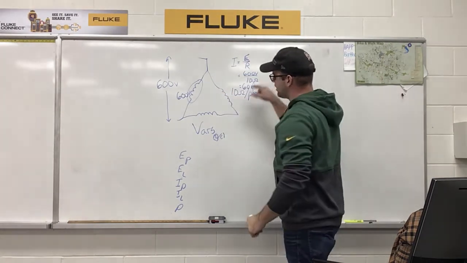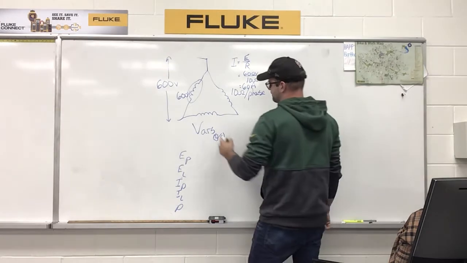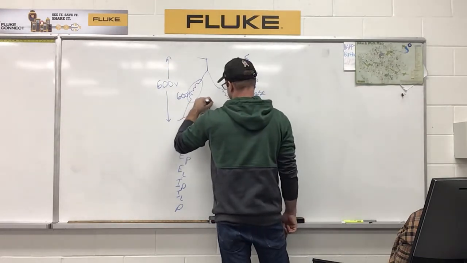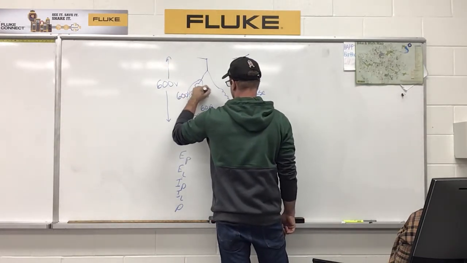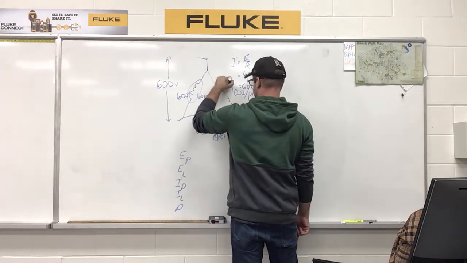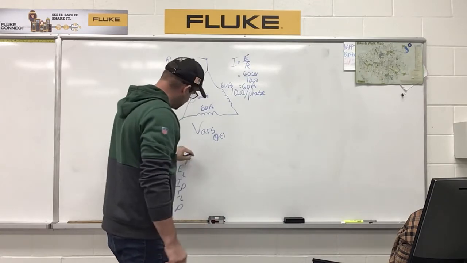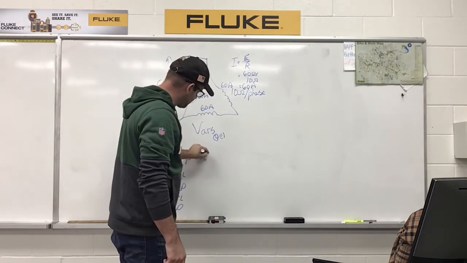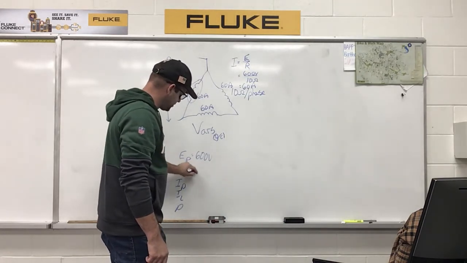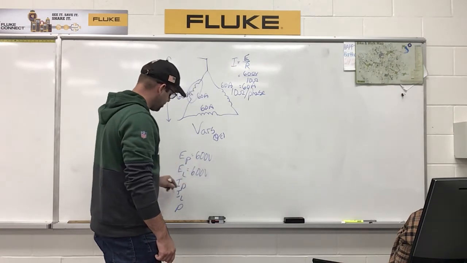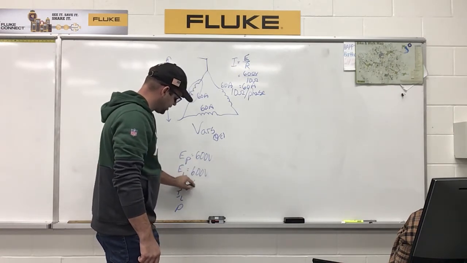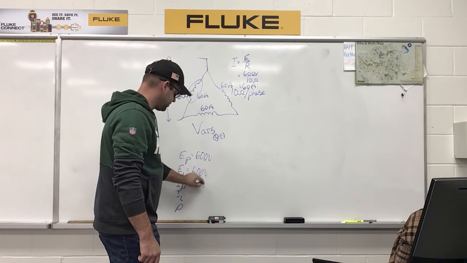Sorry for making that a little tight, but we're looking at 60 amps per phase. 60 amps, 60 amps, and 60 amps. So we can put these values in underneath. So E phase is 600 volts, E line 600 volts, and our I phase we see is 60 amps.